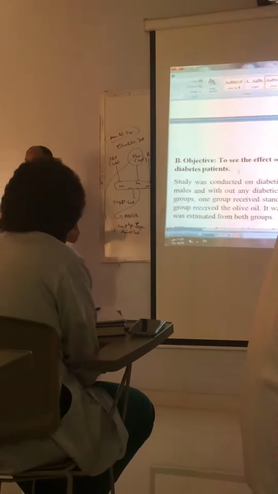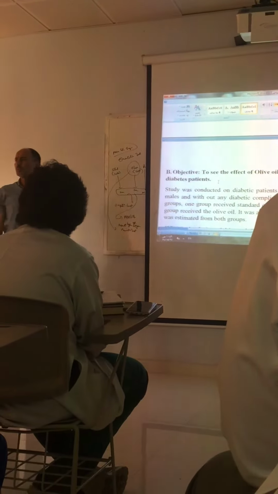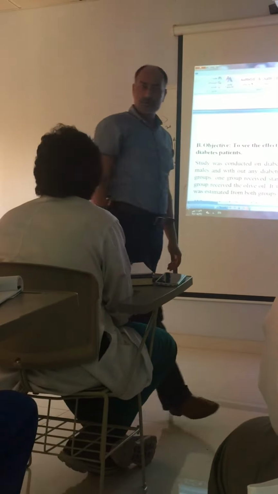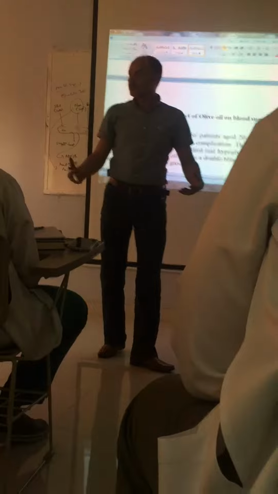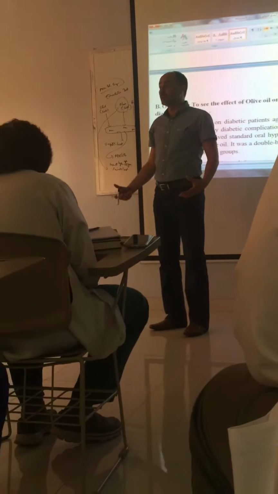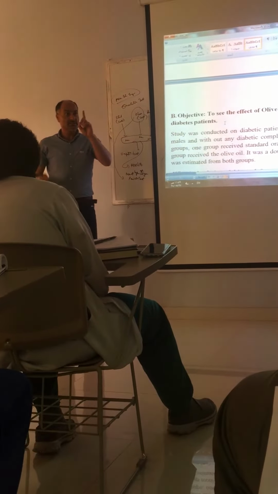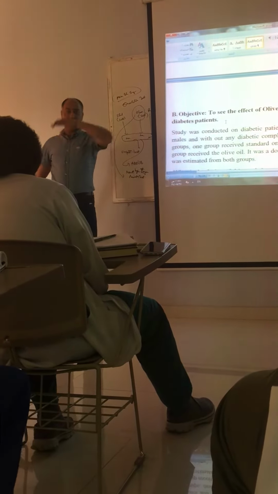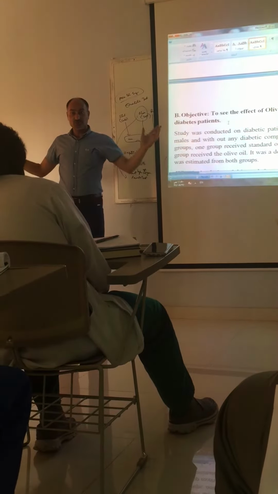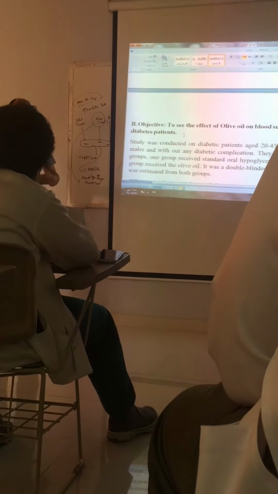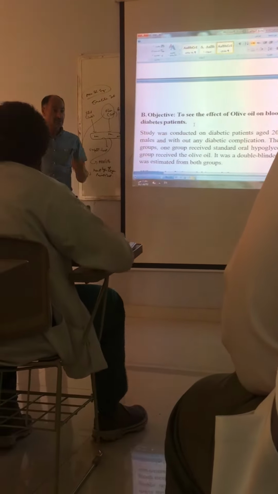So ANOVA is for more than two groups, if it's quantitative. Between two groups it is the unpaired t-test. If you write just t, it doesn't make sense; it's an unpaired t-test. If it is one person, for example me, before and after, so two observations on one group, then it's called the paired t-test.